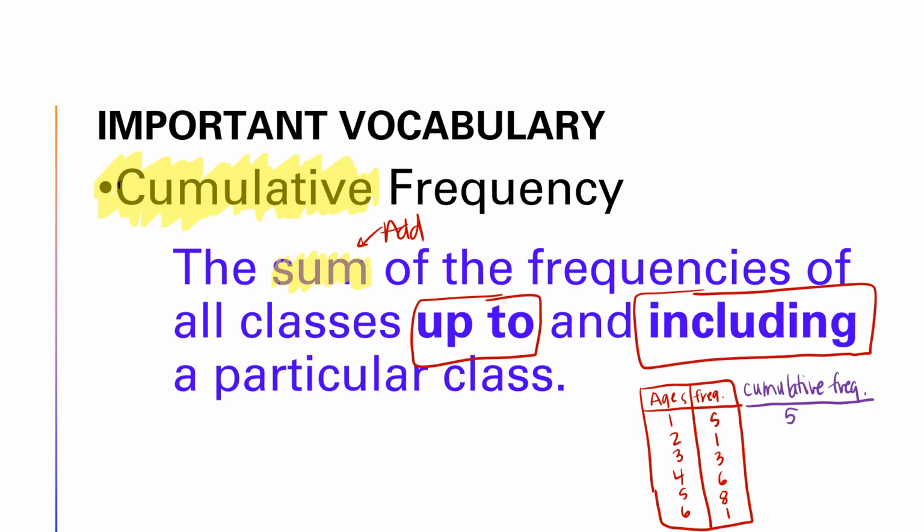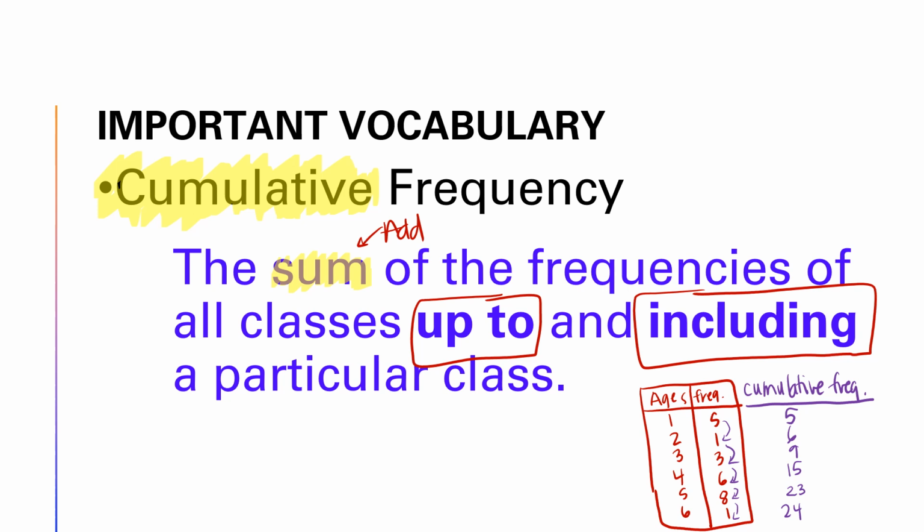Then you start adding. 5 plus 1 is 6. 6 plus 3 is 9. 9 plus 6 is 15. 15 plus 8 is 23. Plus 1 is 24.